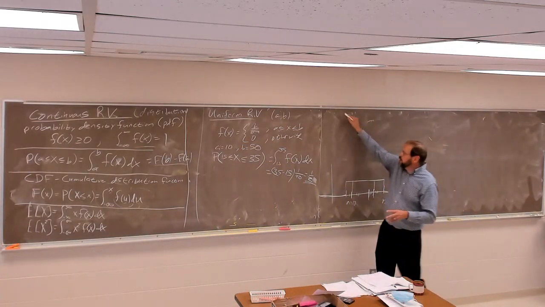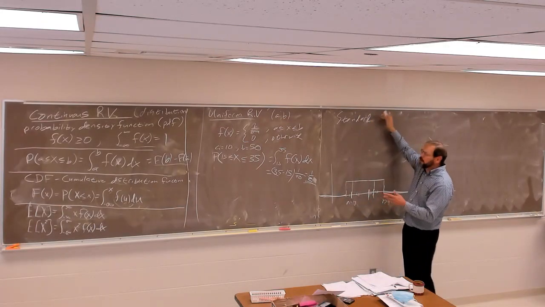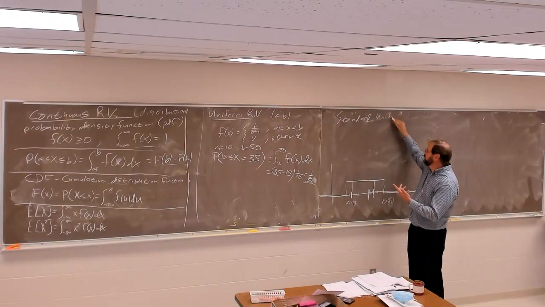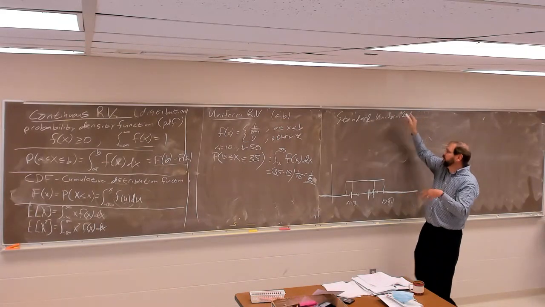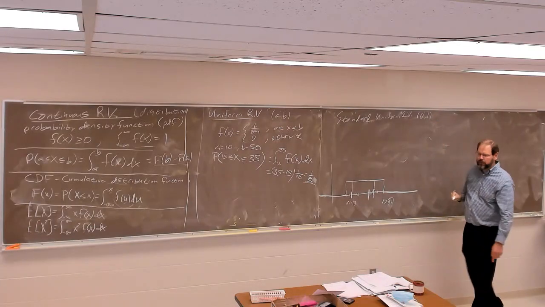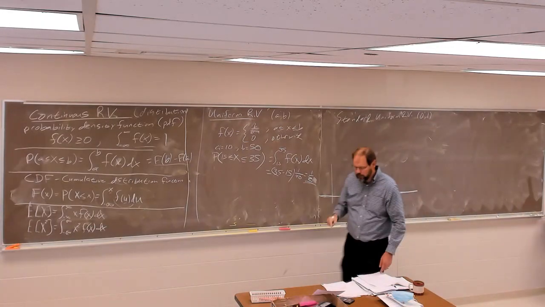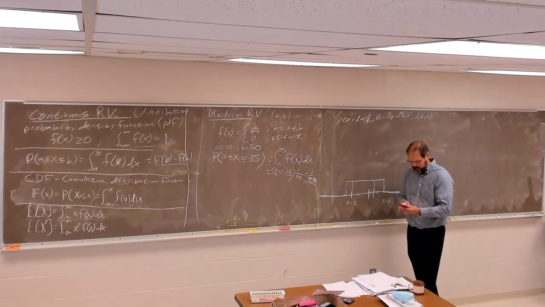So we'll work mostly with what I'll call the standard uniform random variable or distribution, and that's when A is equal to 0 and B is equal to 1. And maybe this calculator will work better.